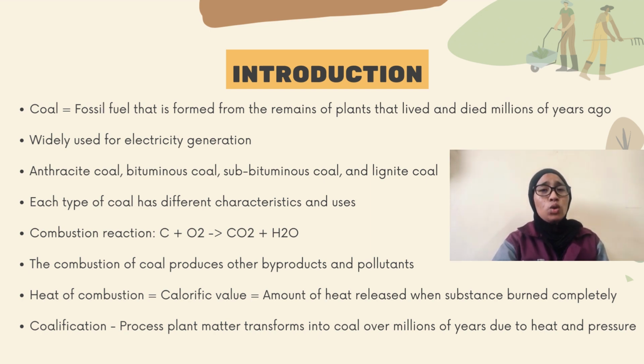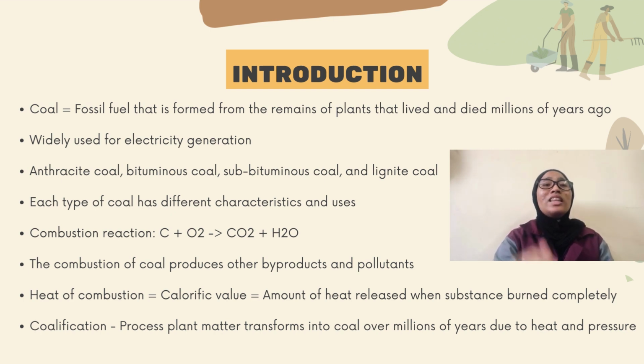In addition to carbon dioxide and water vapor, the combustion of coal produces other byproducts and pollutants. For example, sulfur present in the coal can cause acid rain. On average, anthracite coal has a higher heat calorific value, CV, ranging from 27 to 35 million BTU per ton.